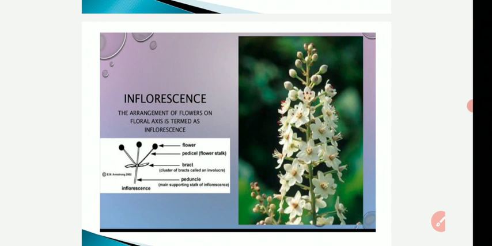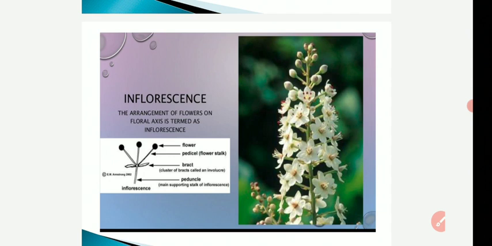Like the arrangement of leaves, the arrangement of flowers also follows some definite plan so that they are exposed to various pollinating agents. The nature of flower and inflorescence indicates the evolutionary sequence in a particular family. Hence, the study of inflorescence is very important in morphology, taxonomy, and evolution.